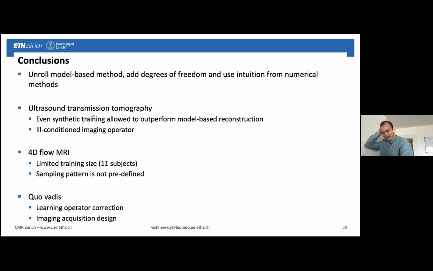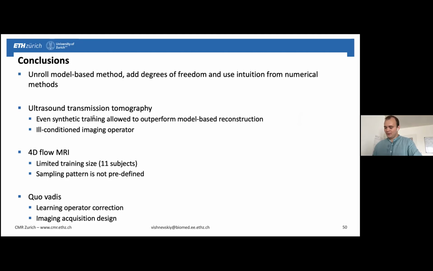And to make you a bit more convinced, I just want to point out that in the case of the ultrasound transmission tomography problem, what we were surprised at is that we could reconstruct the real data using only a synthetic linear model without assuming any wave physics.